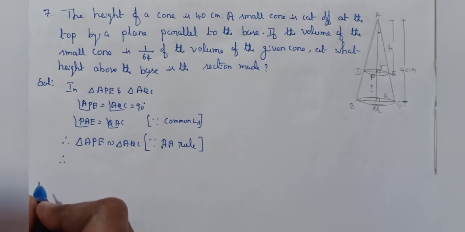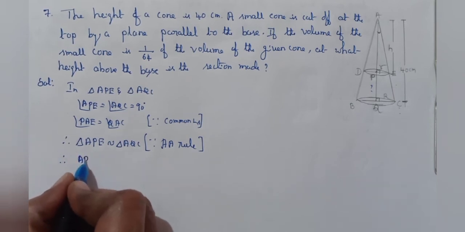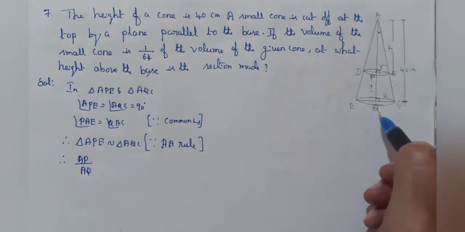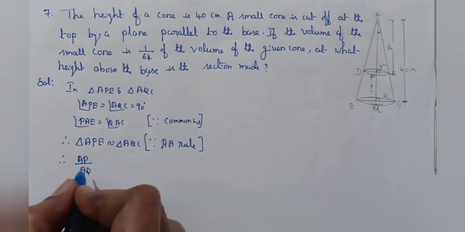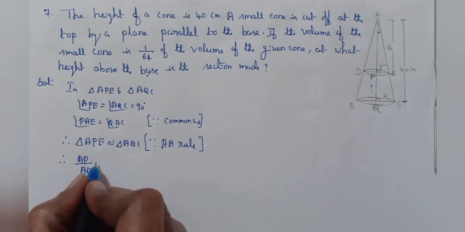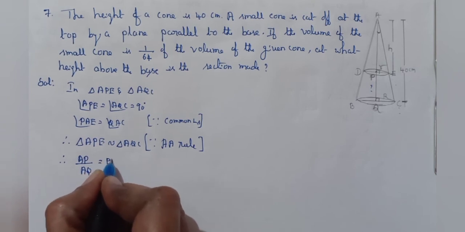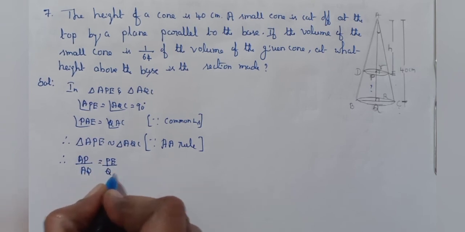Therefore, AP and AQ are the corresponding sides, and PE and QC are the corresponding sides. So AP by AQ is equal to PE by QC.